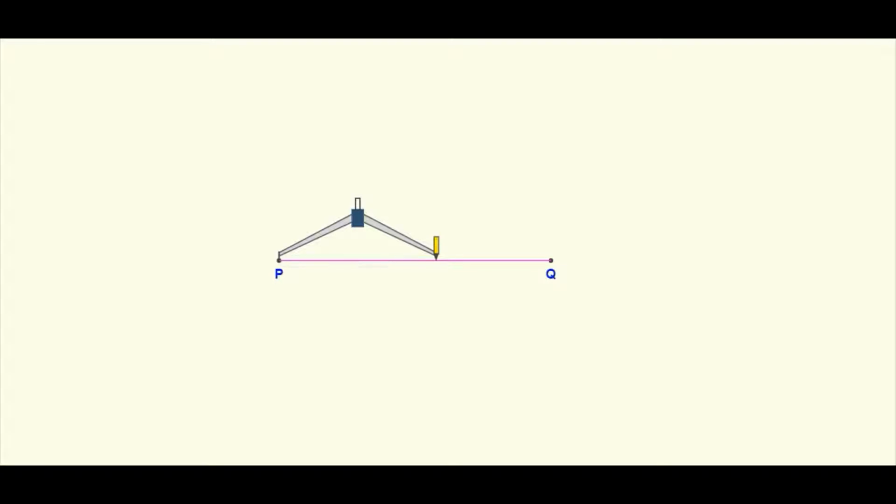From point P and Q, you're going to draw an arc to both sides of the line, intersecting each other. And this is how you would do it.